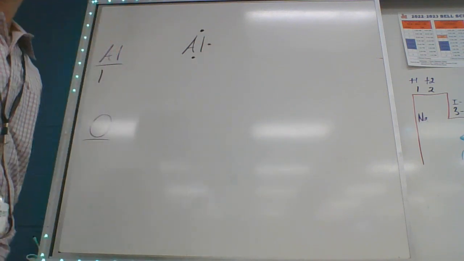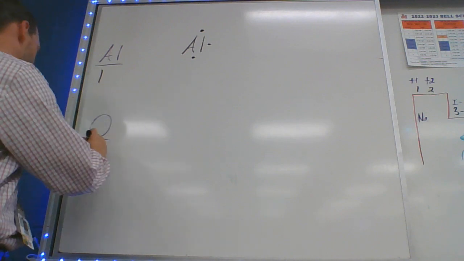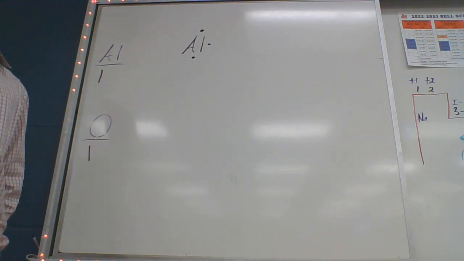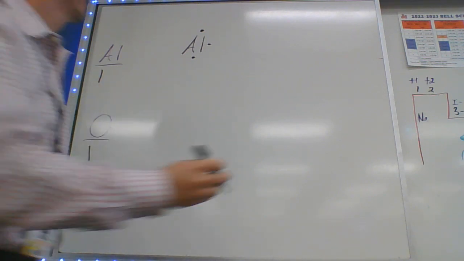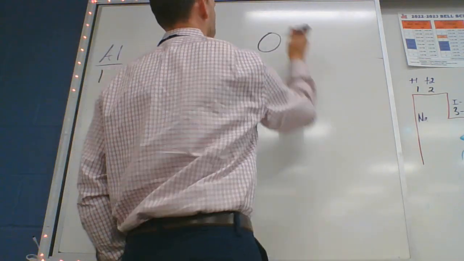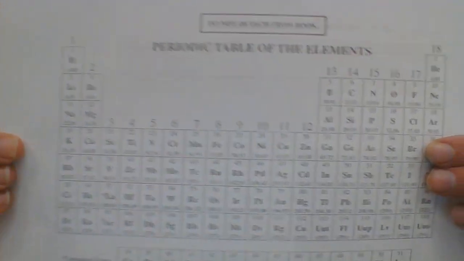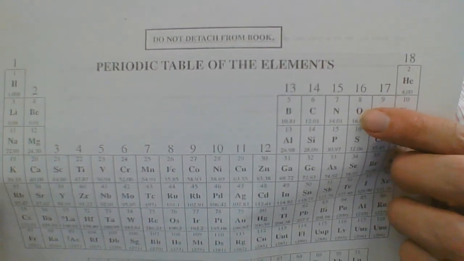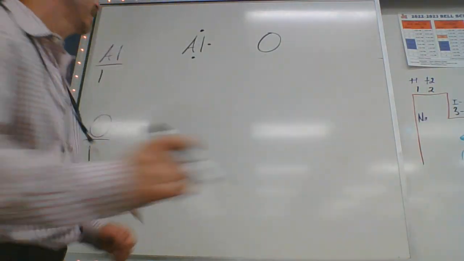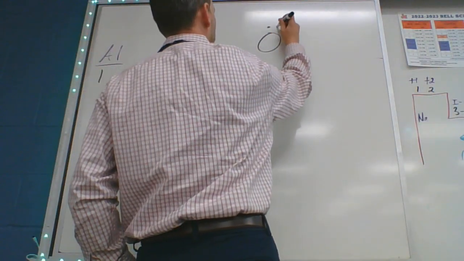Let's also draw an oxygen. Starting with one oxygen. Find oxygen. How many valence electrons does oxygen have? 6, because everything in group 16 has 6. So draw them.